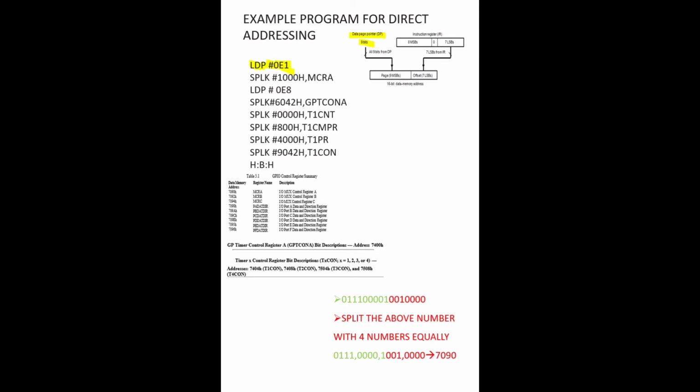The user itself has given it. Now the machine is going to read the second line. This is SPLK, store long constant. This P is silent. Store long constant with 1000 in the MCRA register. MCRA register means MUX control register A. Why this register? What is the use of this register?